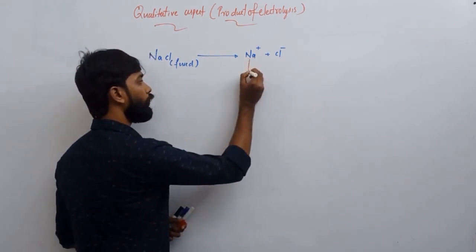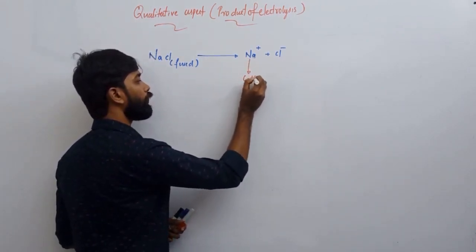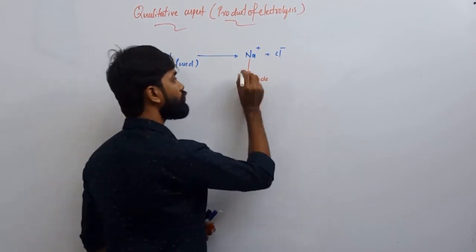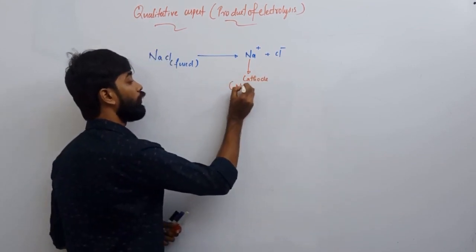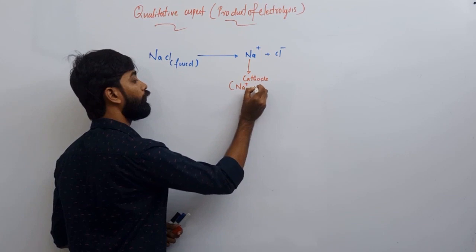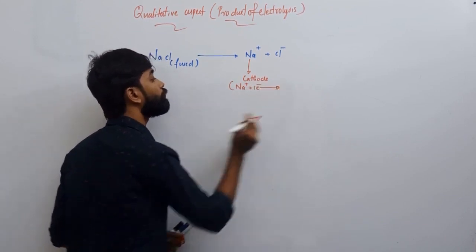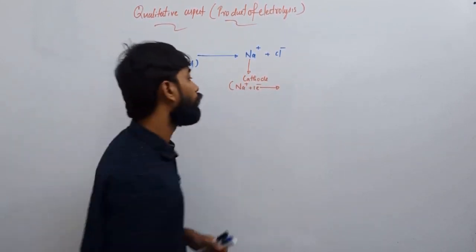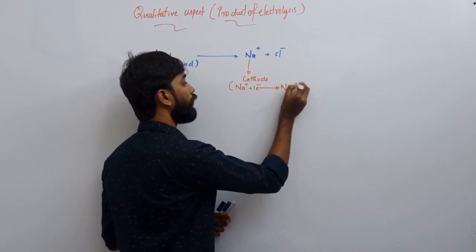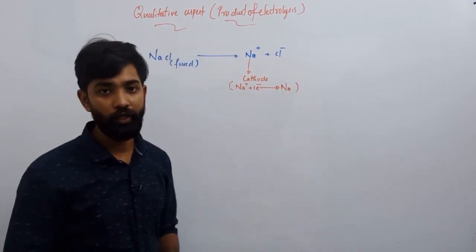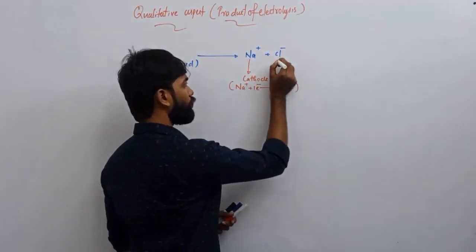So there is no doubt Na+ will attract to the cathode, since it is a cation. How will the reaction be? Na+ plus 1 electron gives Na. What about Cl-?